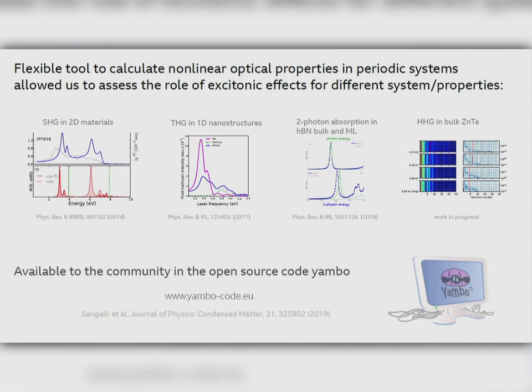It's also flexible because we can change very easily the level of theory, and in particular, we can get excitonic effects in an analogous way to what is done in linear optics. I've shown you a few results for different materials and different kinds of spectroscopy. Also, it is available freely to the whole community through the Yambo code.